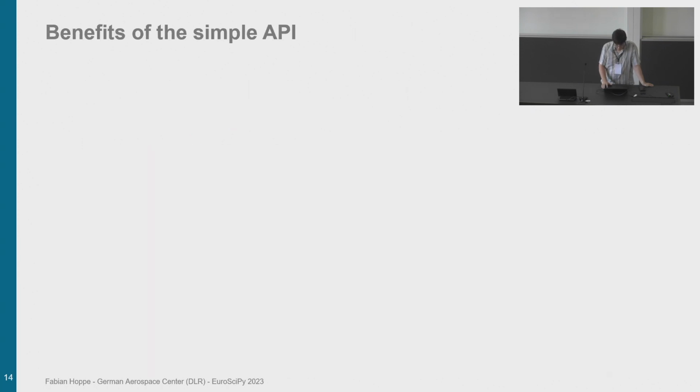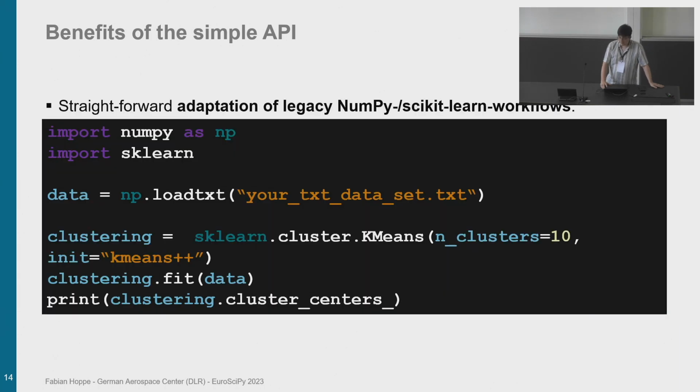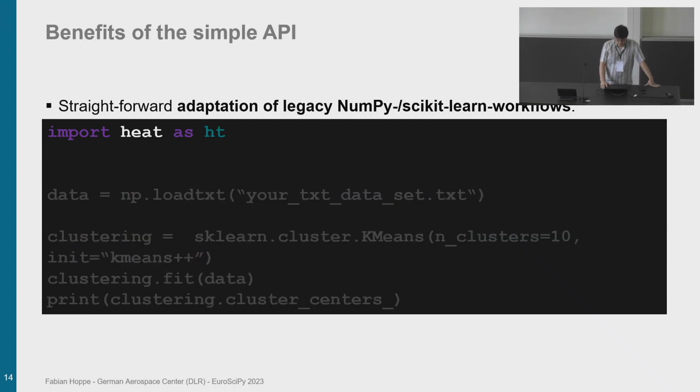Let me briefly show the benefits of the simple API. Let's assume you have such a NumPy scikit-learn code. You load your data, create the clustering object for k-means, fit, and print the cluster centers. If you want to do that in Heat, it's roughly the same.